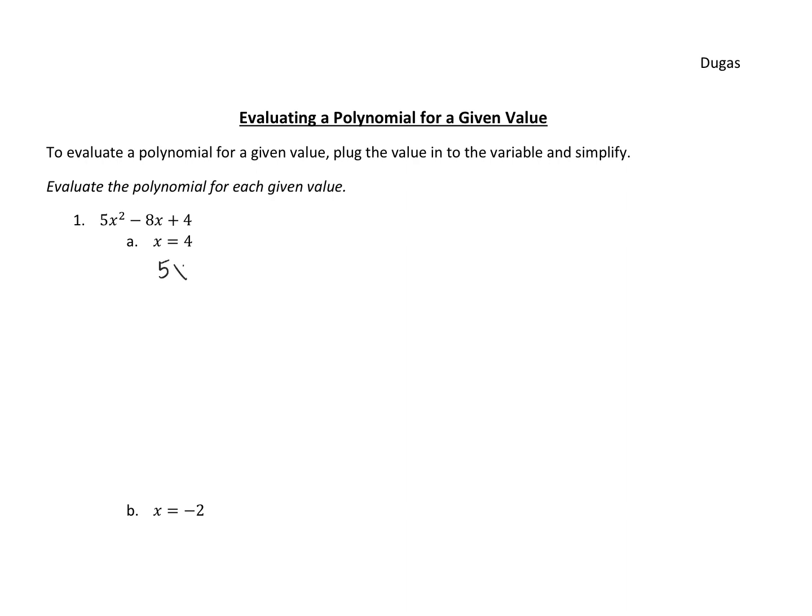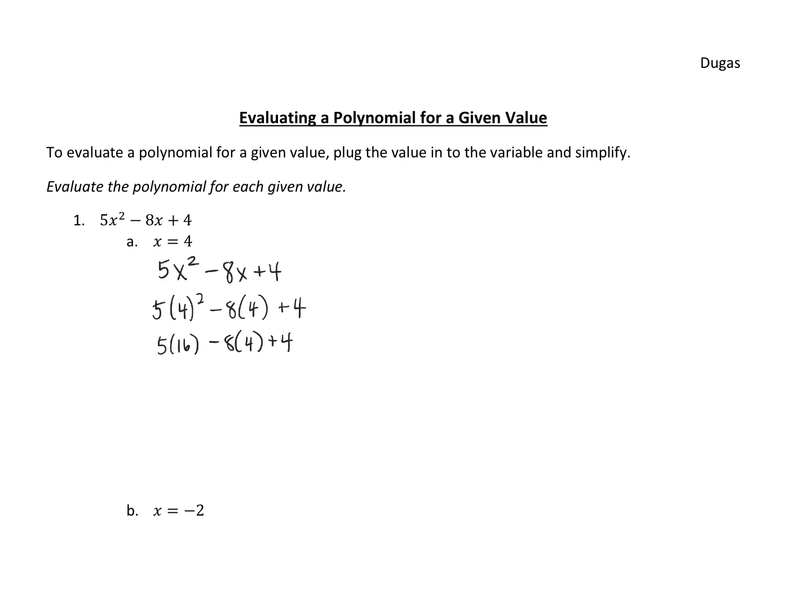So 5x squared minus 8x plus 4, we're simply going to plug in 4 everywhere there's an x. So 4 squared is 16. And then 5 times 16, I believe that's 80, but let me just check.